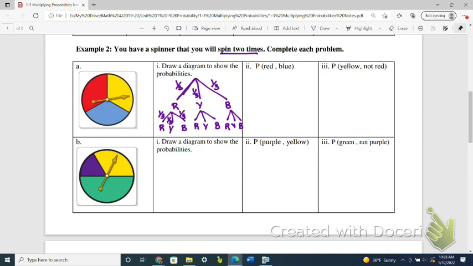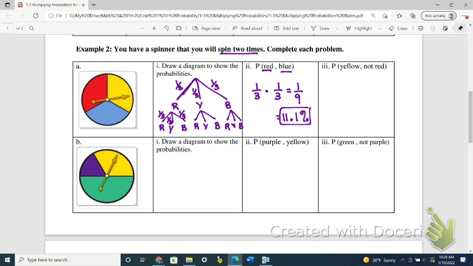So if I want the probability of red, so that's 1/3, and then blue is 1/3. So that gets me 1/9, which is 11.1%.